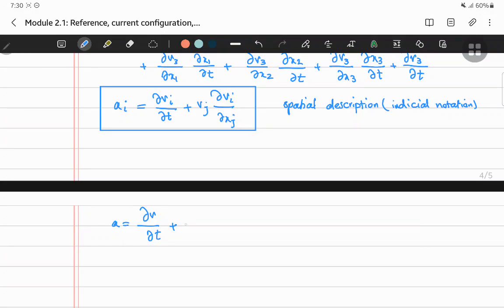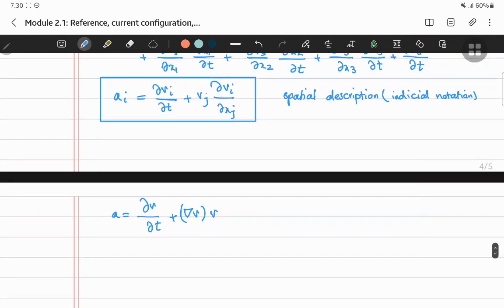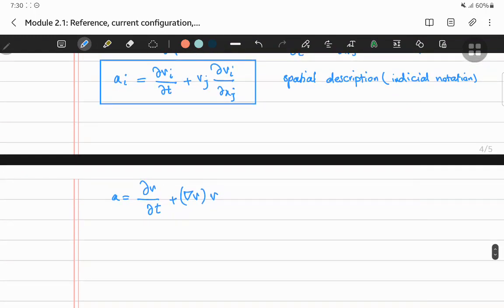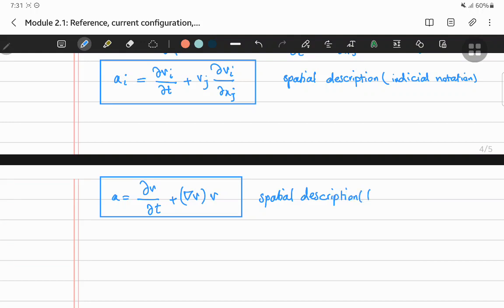So here I have the gradient of a vector field times this vector here. That's it. So in general, I get something like this. This is the spatial description in tensorial notation.